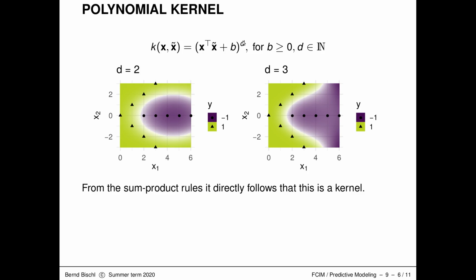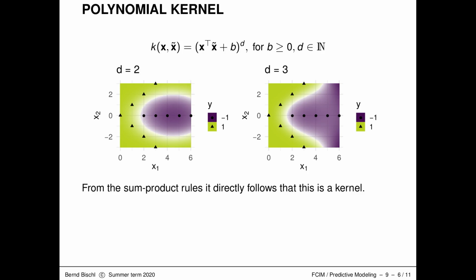The polynomial kernel is called the polynomial kernel because it basically creates an implicit feature mapping into a space that contains all monomials up to a certain degree. For that, we should set this b to a non-zero value to also have monomials in there of lower degree than d.